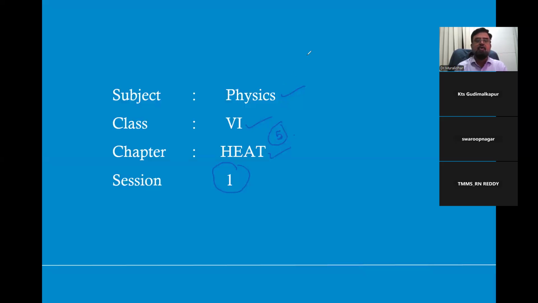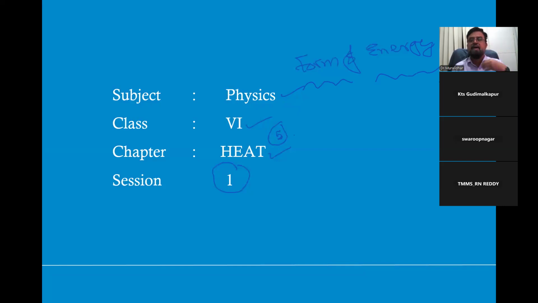The heat is a form of energy. Right? The first 4 lessons we discussed only motion and force, but now we are entering into energies. Energy is nothing but the capacity to do work.